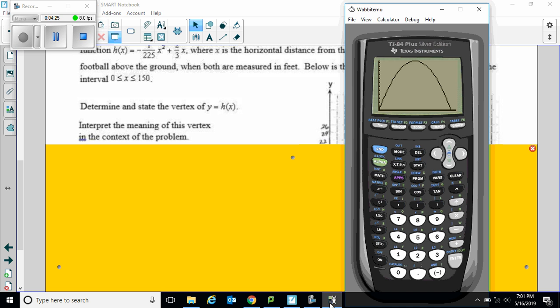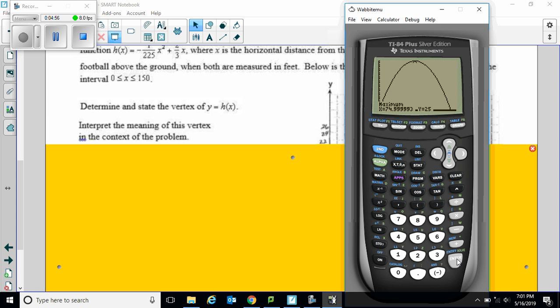Remember, one of the skills that we've reviewed is going to second trace, looking for the maximum, which is number 4, establishing a left boundary and a right boundary. We're going to say our left boundary is 0 and our right boundary is, say, 100. And then we're going to have the calculator guess for us.